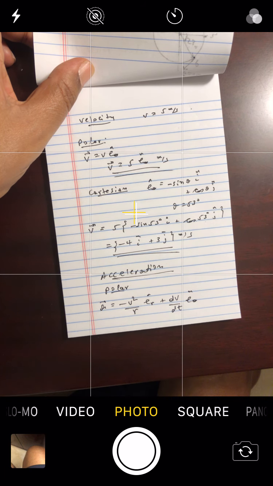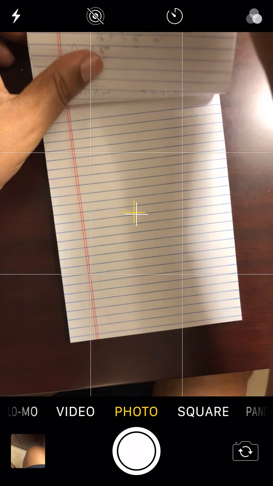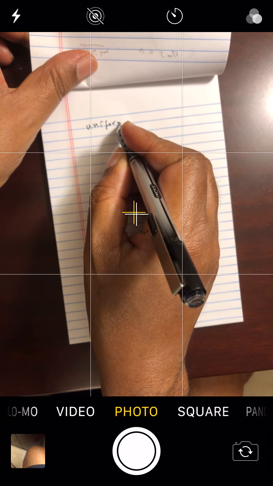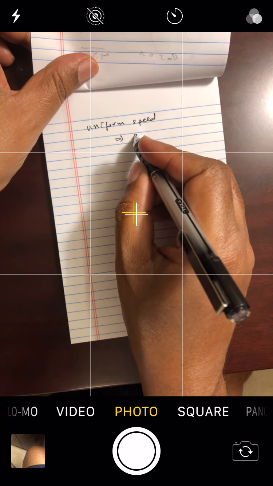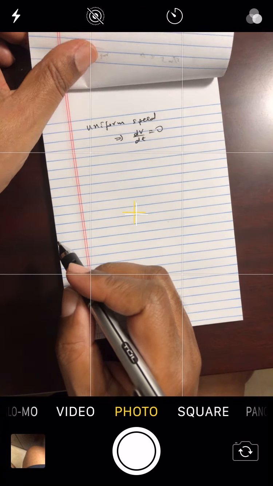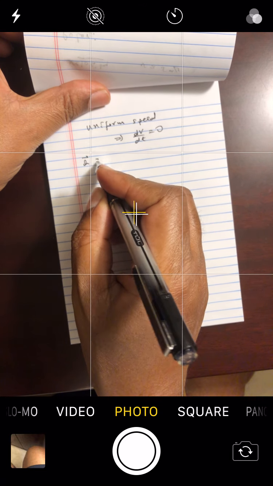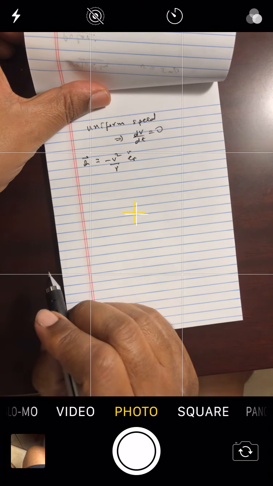Now it's going with uniform speed, so the derivative of the speed with respect to time is 0. So for this motion, the acceleration simplifies to negative v squared over r in the direction of e_r.